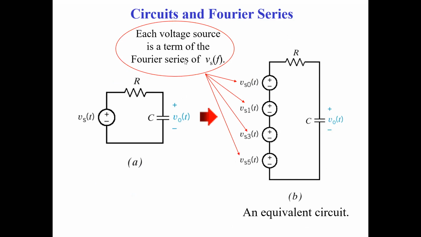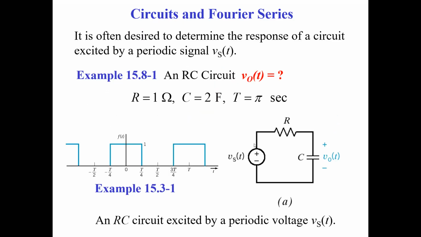See, each voltage source is a term of the Fourier series of Vs. So Vs naught(t), Vs1(t), Vs3(t), Vs5(t). So that is the V naught(t), so input and output. Okay, an equivalent circuit of this.